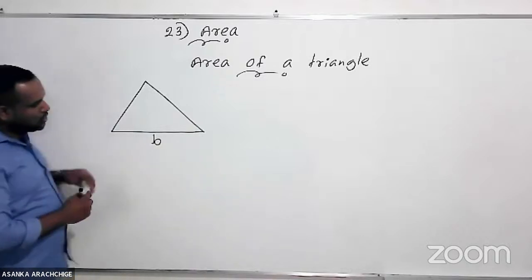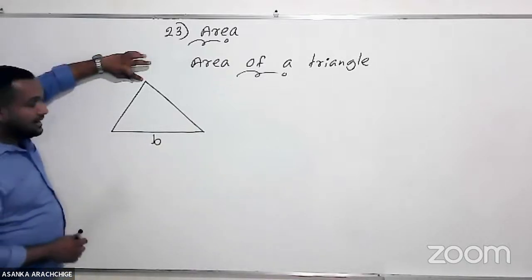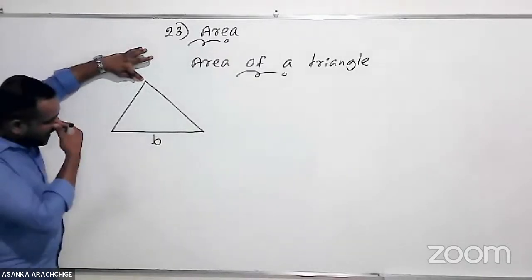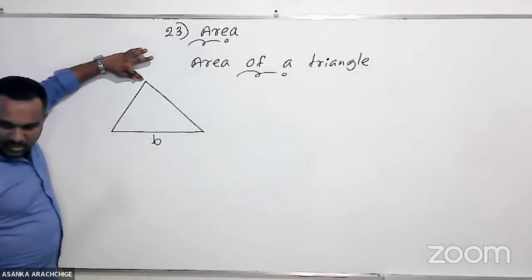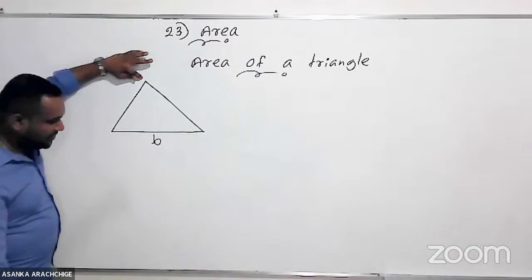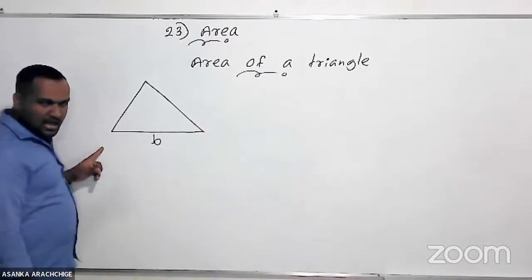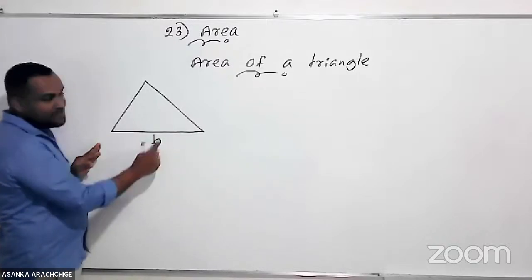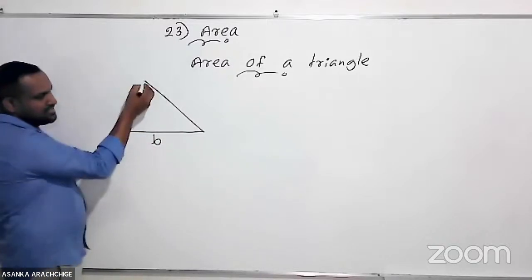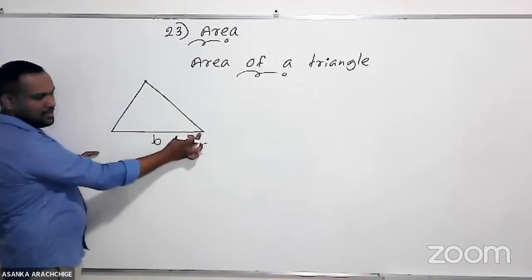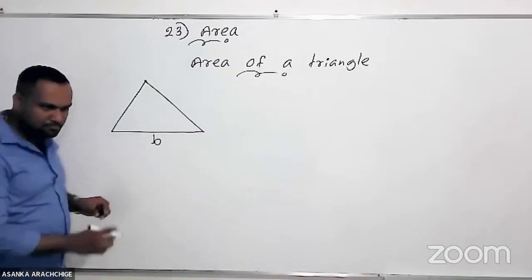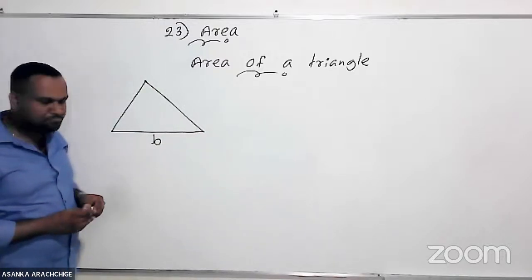Then you have to identify the vertex which is opposite the selected base. ඊට පස්සේ ඔයා හඳුනා ගන්න ඕනේ අර තෝරගත්ත base එකට opposite වෙලා ඉන්න vertex එක. This is the vertex opposite this base.